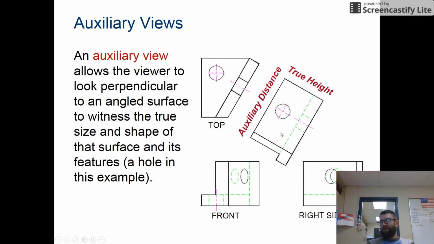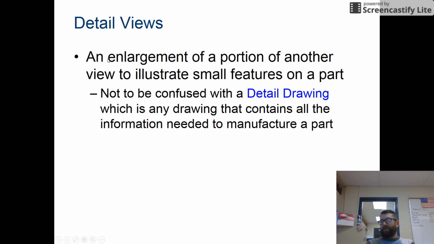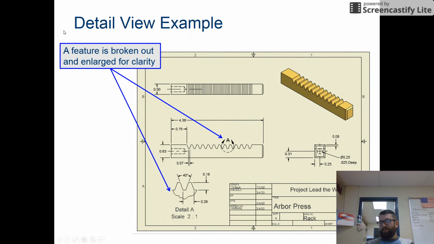Notice the difference here. Detail views are an enlargement of a portion of another view to illustrate small features on a part, not to be confused with a detailed drawing, which is any drawing that contains all the information needed to manufacture that given part. Here, the feature is broken out and enlarged for clarity.